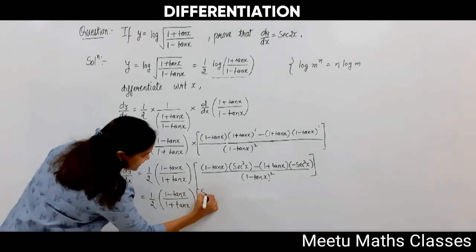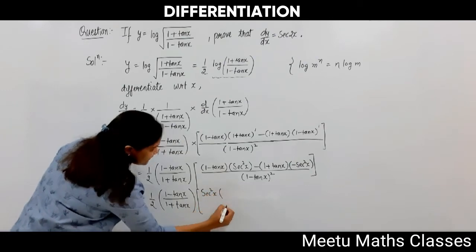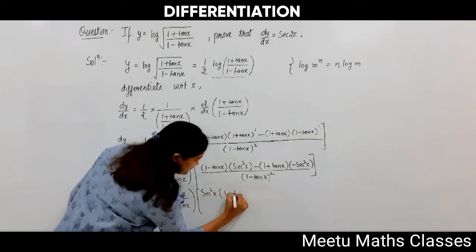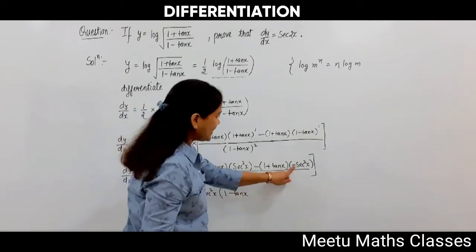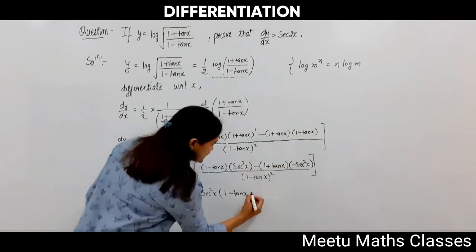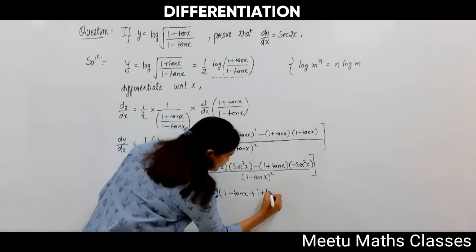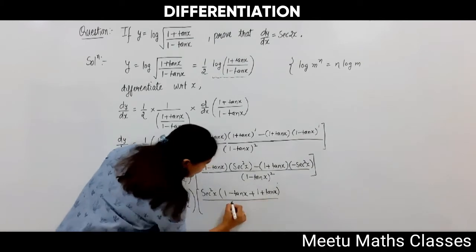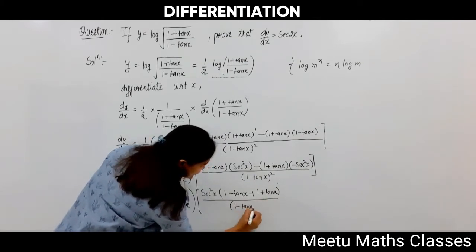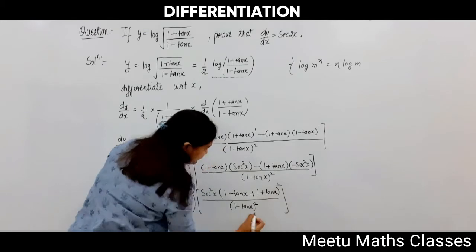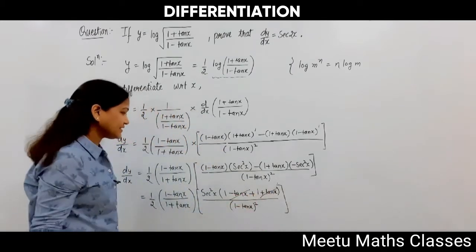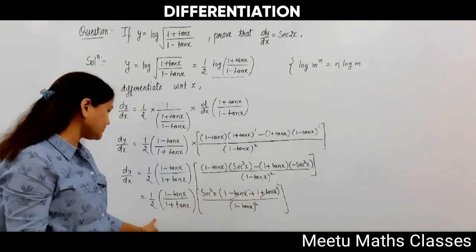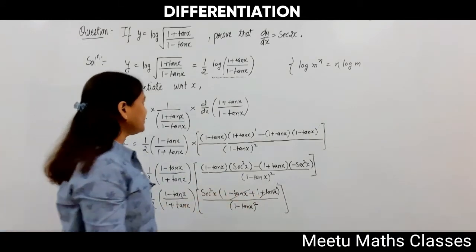Now sec square x can be taken common, and you are left with 1 minus 10x, and minus minus becomes plus, so 1 plus 10x upon 1 minus 10x whole square. Minus 10x plus 10x can be cancelled out. So this is 2 sec square x.